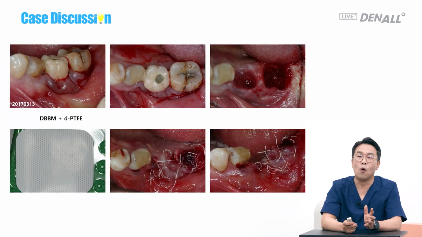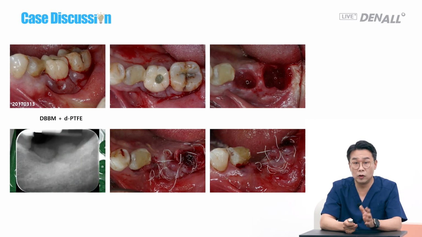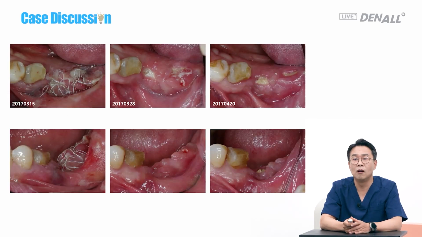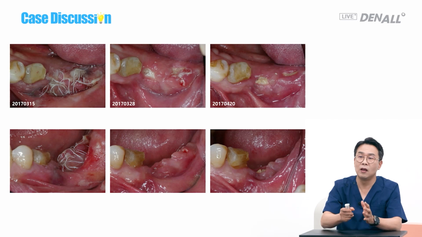When I insert it into the extraction socket, it gets crumpled. The previous one maintains its form, but this one gets crumpled, so I couldn't get what I wanted. This is when it was inserted, and some of it is exposed here.